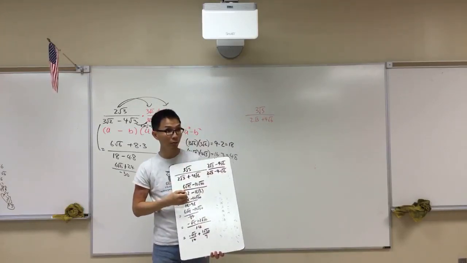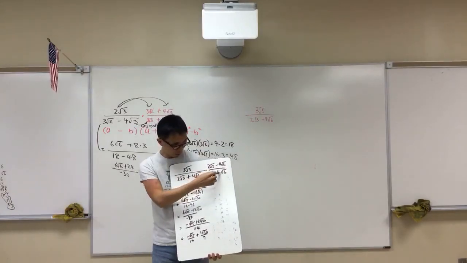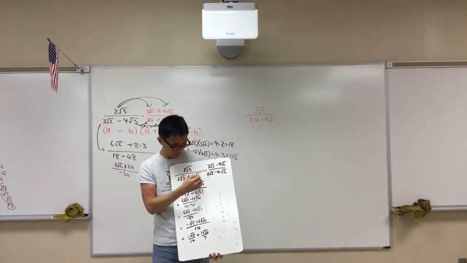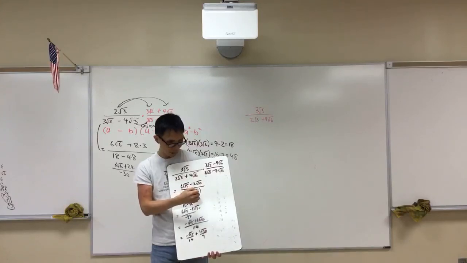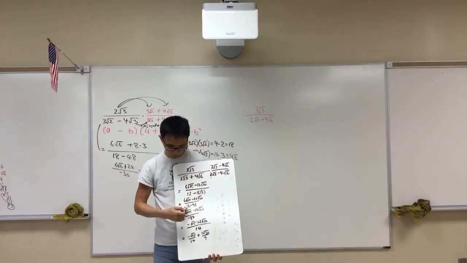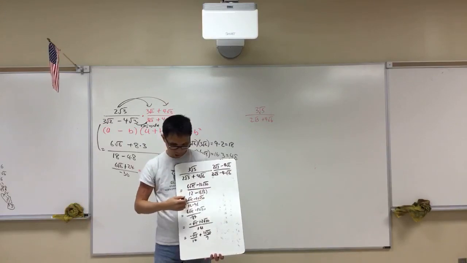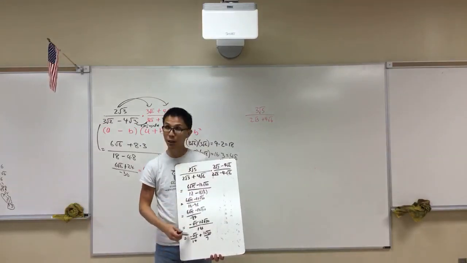Okay here? Because that's the difference of squares. And then 4 square root 6 times 4 square root 6 is going to be 16 times 6. So left with 12 minus 96 on the bottom. On the top is going to be this. And you're going to go all the way down here. The answer is right here.